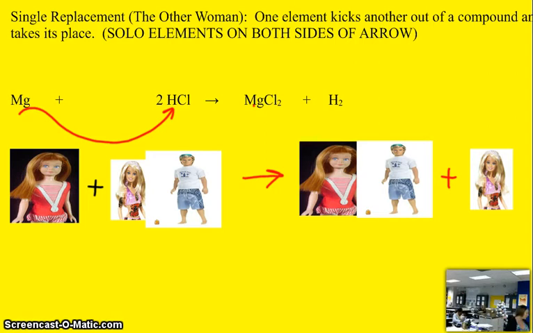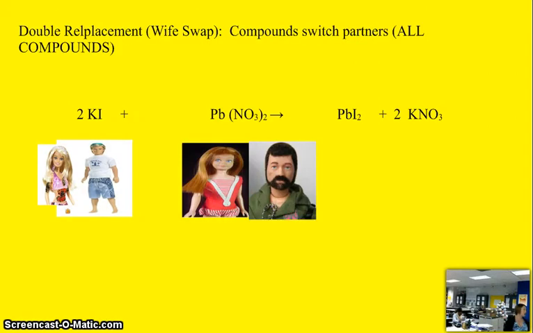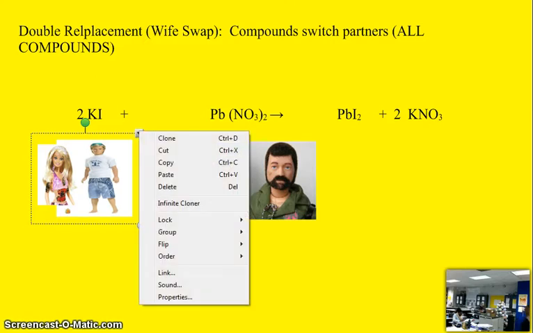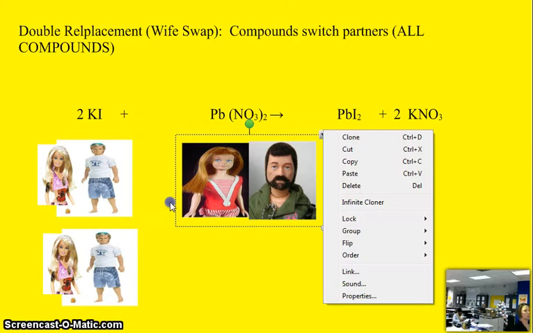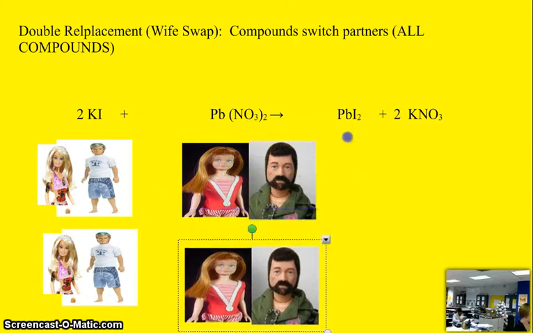And then finally, our 4th type of reaction is a double replacement reaction, which is a lot like wife swapping, that show Wife Swapping. So what ends up happening here is that the compounds switch partners. Notice there's all compounds in this reaction. So if we think about this, I'm just going to bring this down here so you can see how it happens.